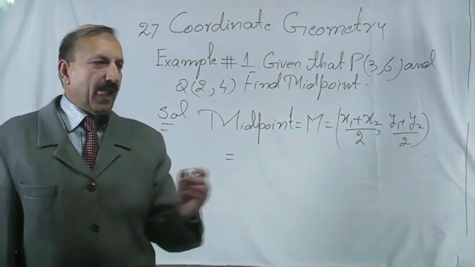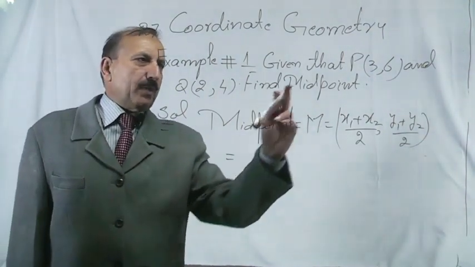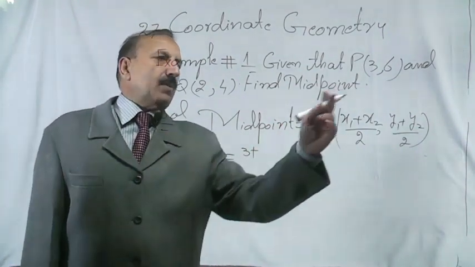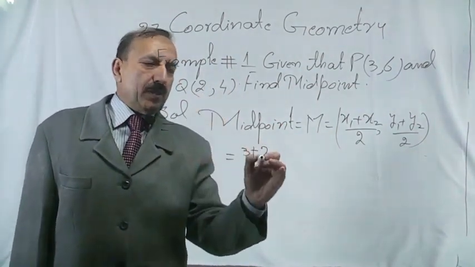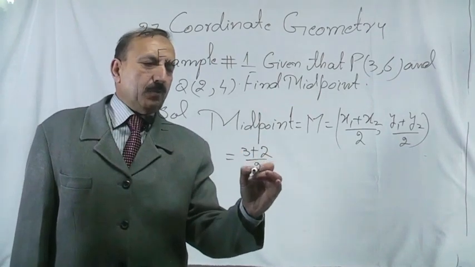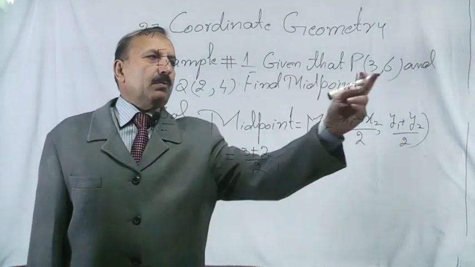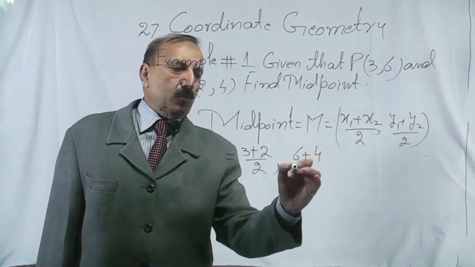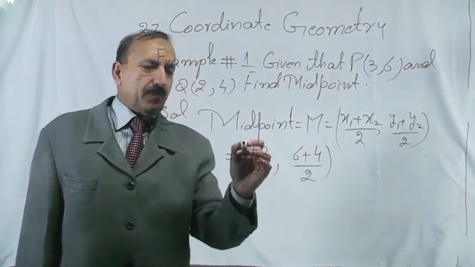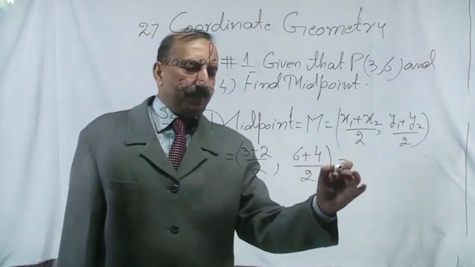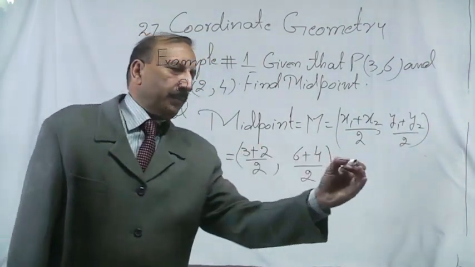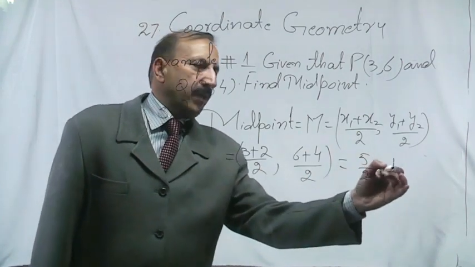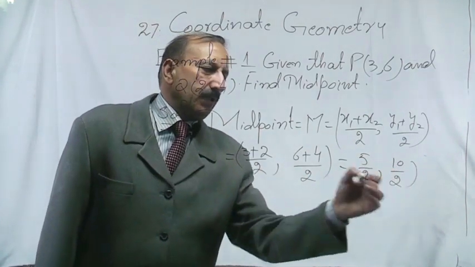We will simplify it. Here x1 is 3 plus x2, which is 2, divided by 2, and y1 is 4 plus y2, which is 6, divided by 2. Now let's simplify this. 3 plus 2 is 5 by 2, and this is 10 by 2.